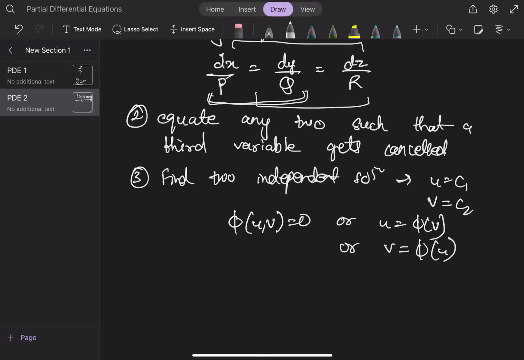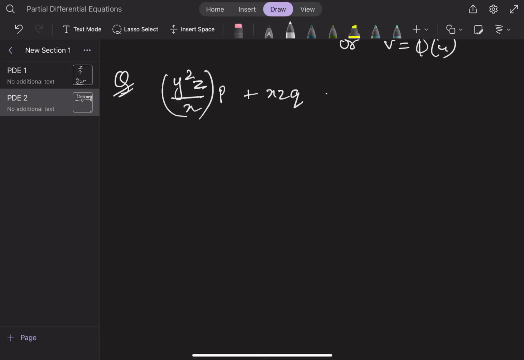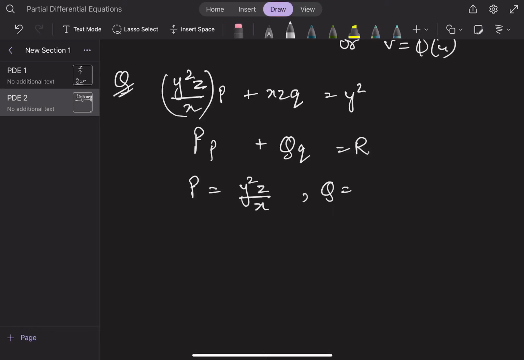So let's try a question. For example, y square z by x times p plus xz times q is equal to y square. So if you compare this with Pp plus Qq is equal to R, you can see your capital P is y square z by x, and your capital Q is xz, and your capital R is y square.